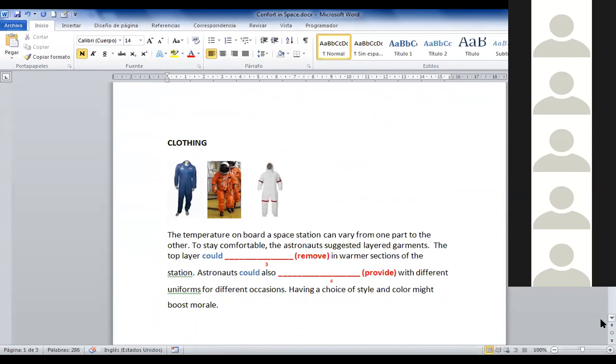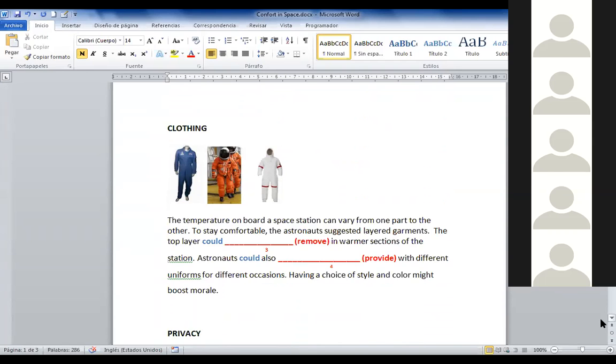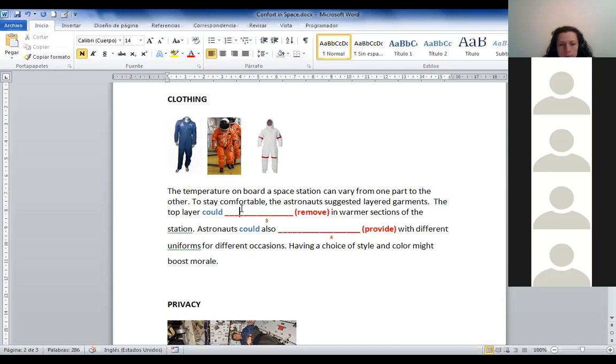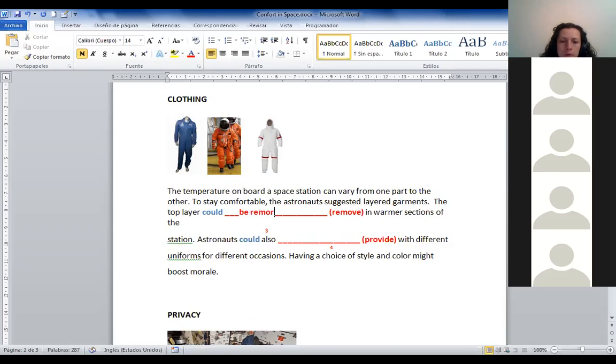Now, clothing. Please, a different person. Angie? The temperature on board a space station can vary from one part to the other. To stay comfortable, the astronauts suggested layered garments. The top layer could be removed in warmer sections of the station.